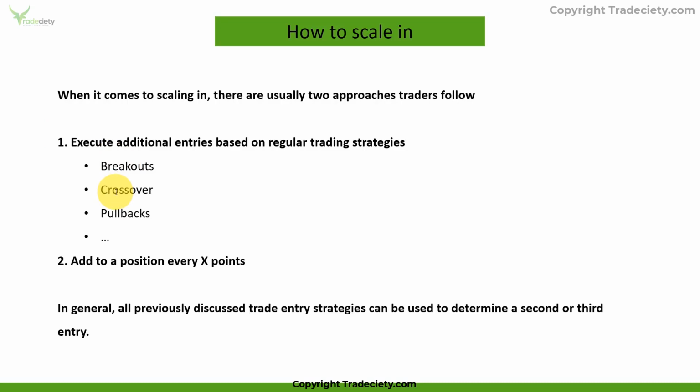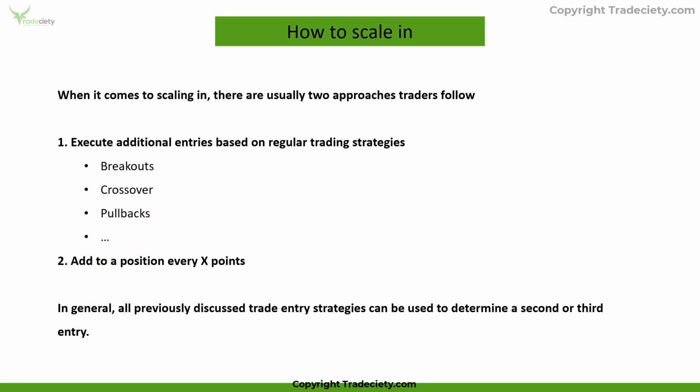So during corrective waves, as we have seen, moving averages cross back, and then you just wait for the cross back into the trend direction. Or you could have a pullback. You wait for the market to pull back during a corrective wave, and that could be an entry. Or any of the previously discussed entry strategies, you could have that as a way to scale in.